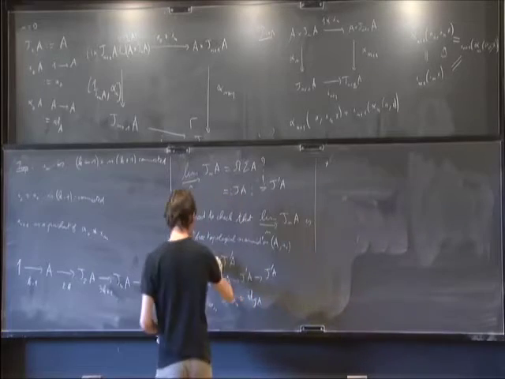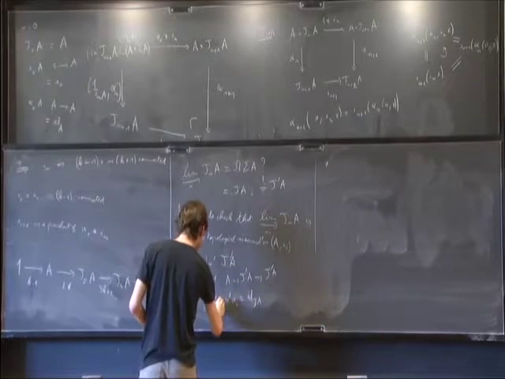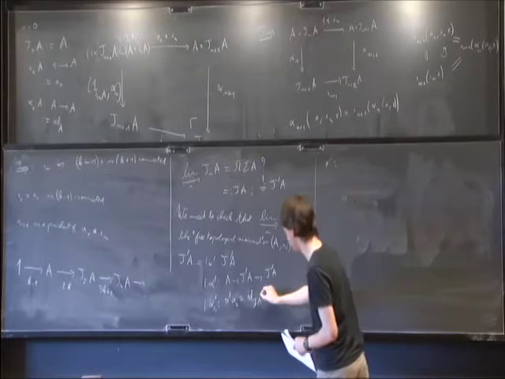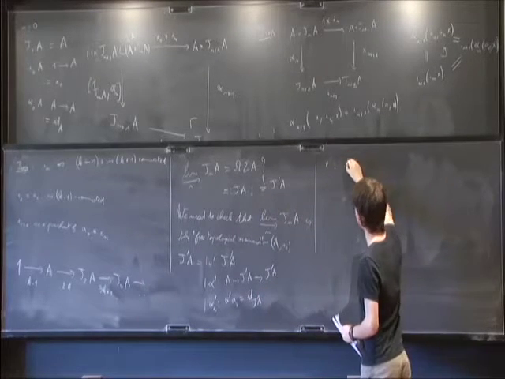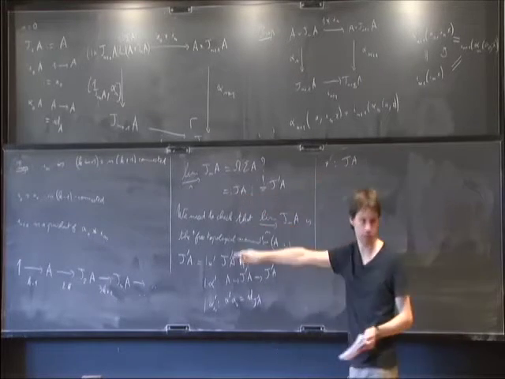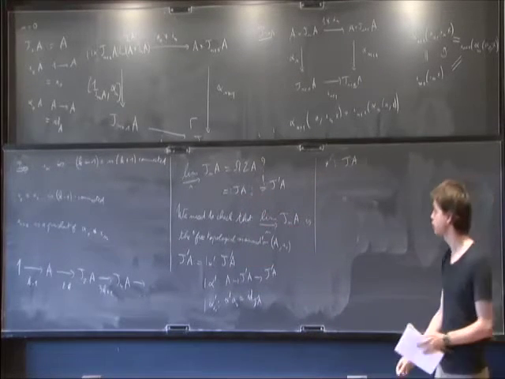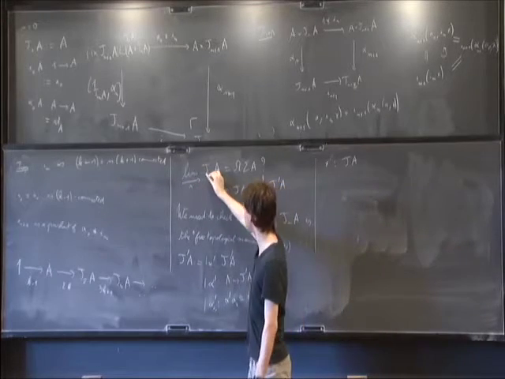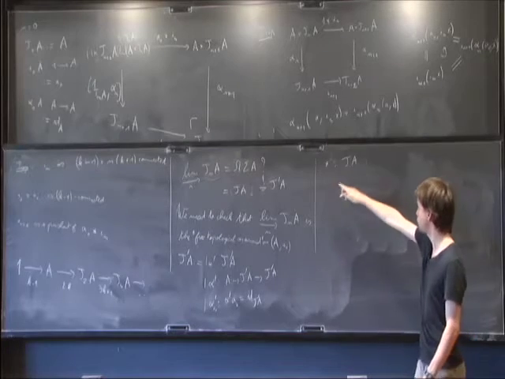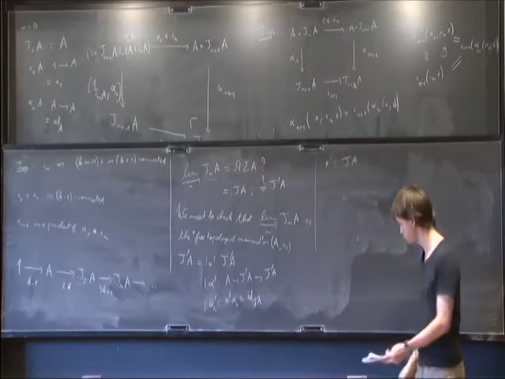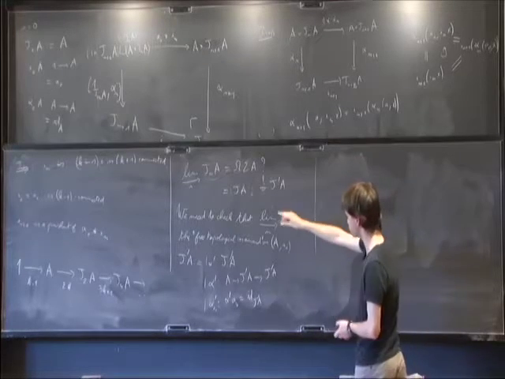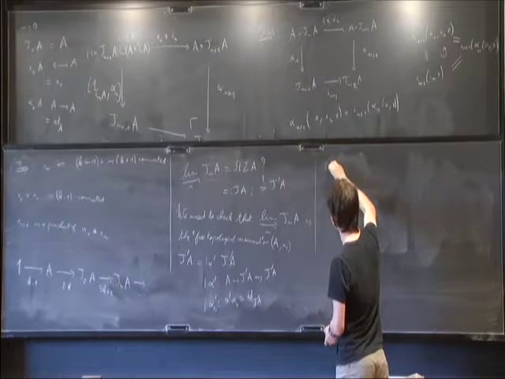Okay, I will put primes everywhere. So I need to define a base point in J of A, but this is easy because it's a colimit and J0 of A is already a point, so J of A has a base point. So maybe I could recall what the colimit is.